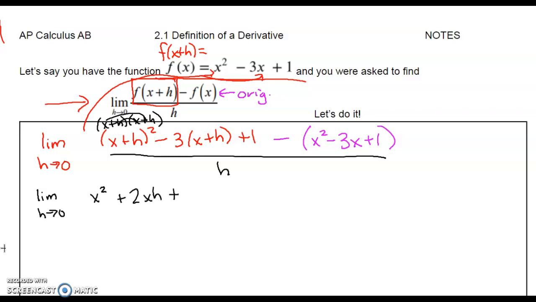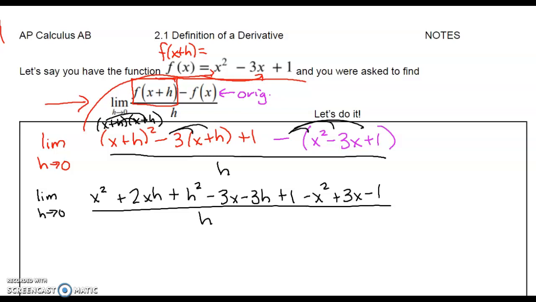And then h times h is h squared. Distribute this negative 3. And we still have plus 1. Then I'm going to distribute the negative all over h, okay? So these problems are going to look really long, and that's just for today, I promise.